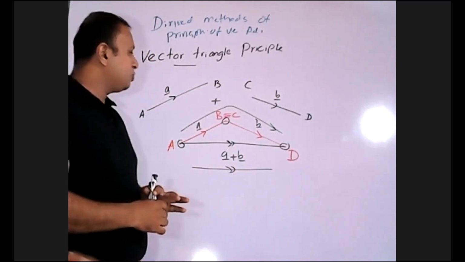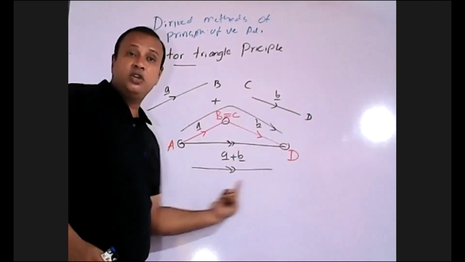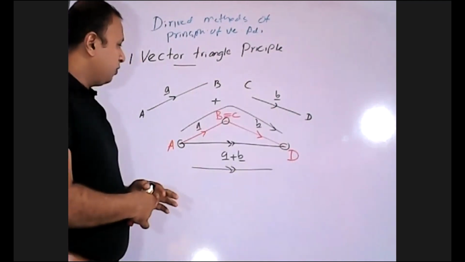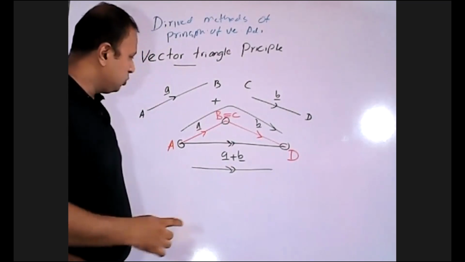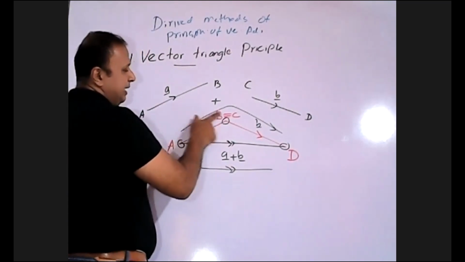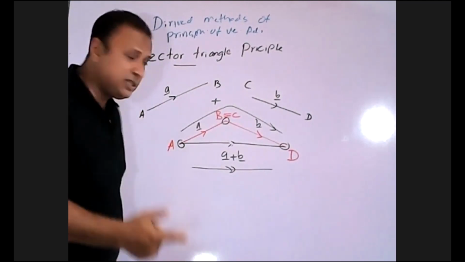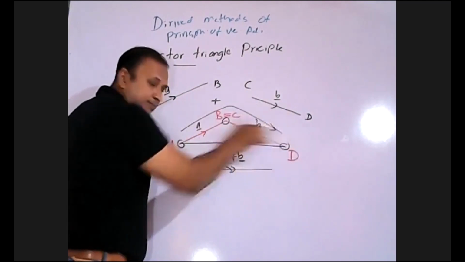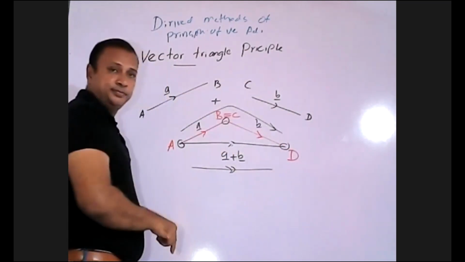Then you have to clearly understand the characteristic of this triangle. You can clearly see that the two vectors we are going to add are in the same direction, in order.